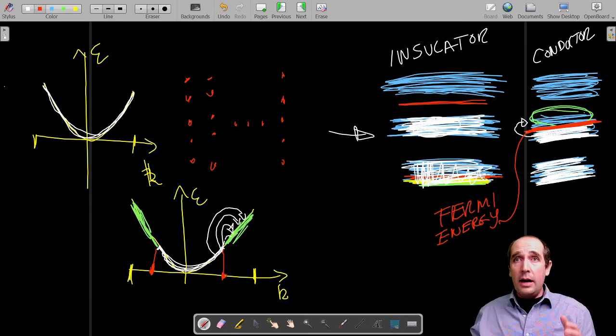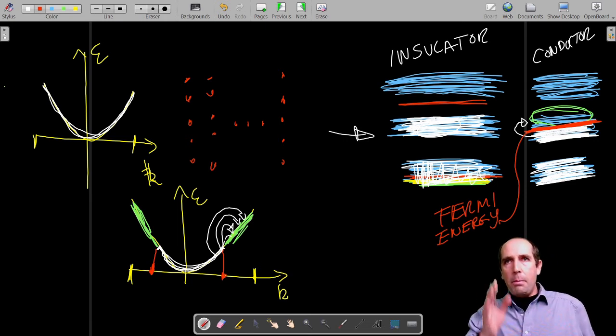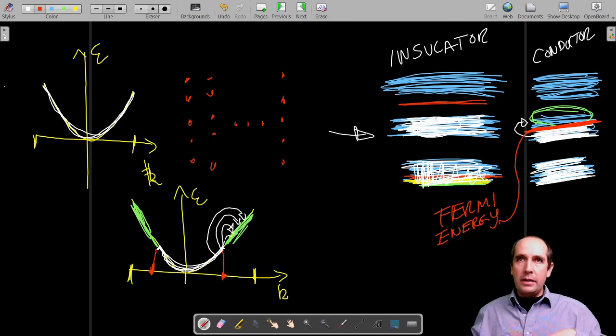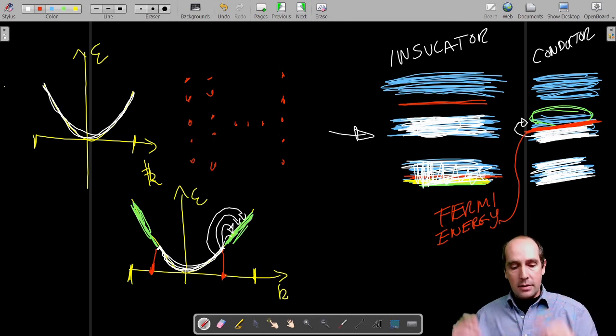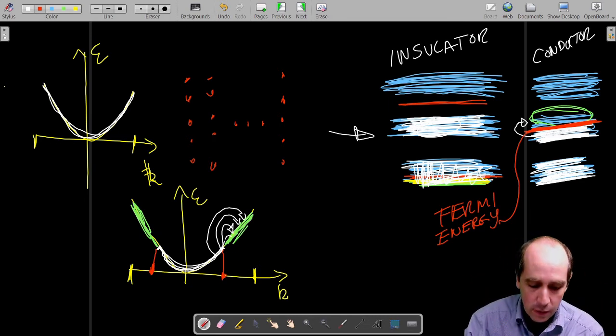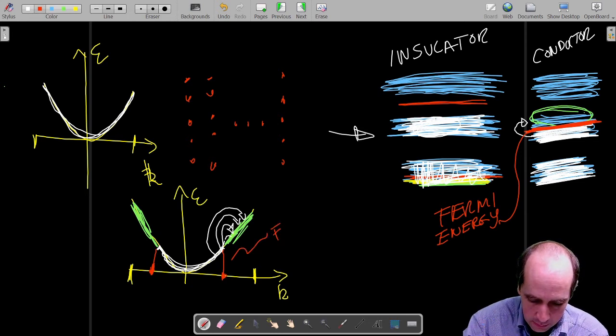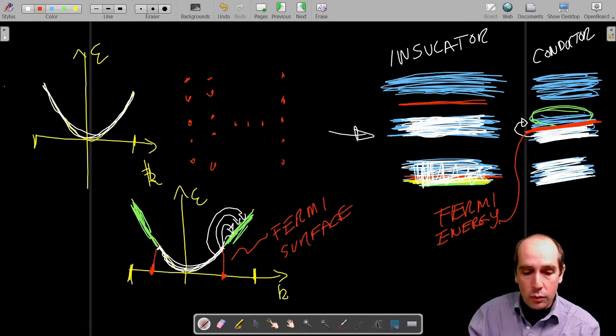And these limits of the first Brillouin zone that also separate the occupied and the unoccupied K states are what we will call the Fermi surface.